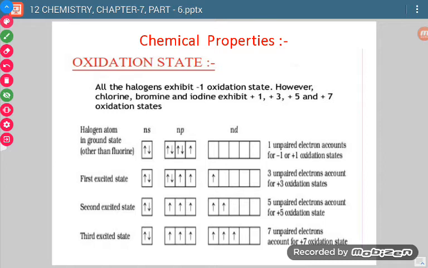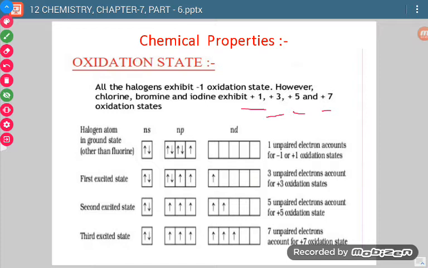Now see, if we talk about fluorine, then its oxidation state will be 1 only. Okay, that is -1. But if we move ahead, then there are +1, +3, +5, +7 oxidation states. Why is it so? Because for fluorine there is an absence of vacant d orbital. So its valence electrons cannot jump to a higher orbital because there is no more orbital present.